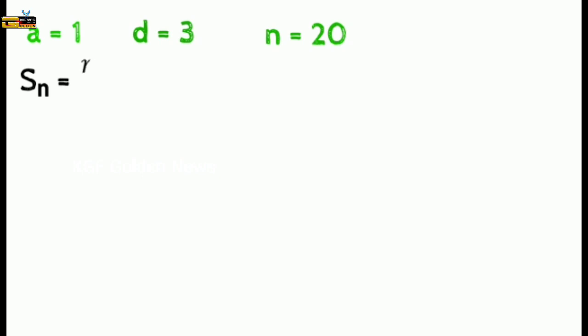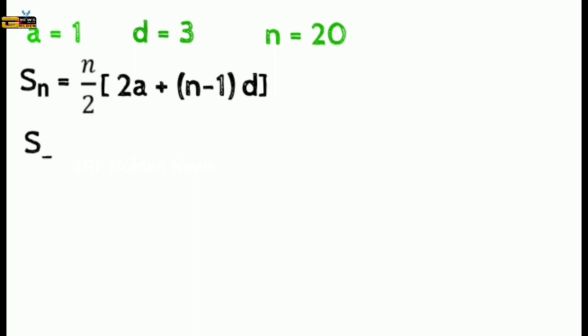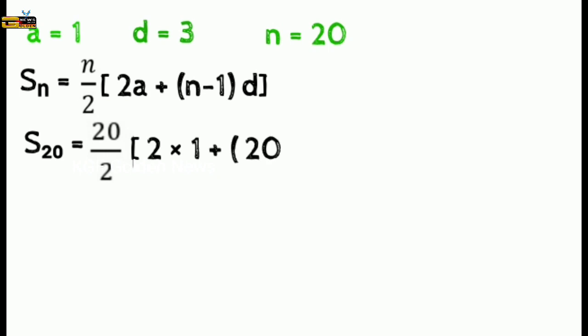By using the sum formula, Sn equals n by 2 into (2A plus (n minus 1) into D). Now by substituting the values, S20 equals 20 by 2 into (2 into 1 plus (20 minus 1) into 3).